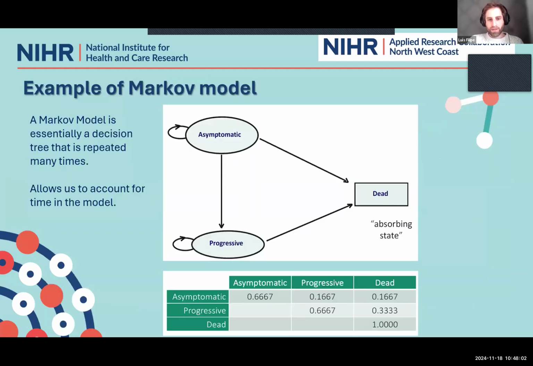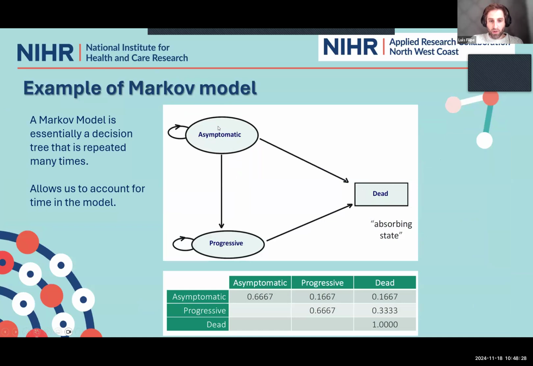So I'm going to give you this very simple case where people can have 3 states, basically. They can be asymptomatic, and they can stay there, or they can go to progressive, or they can die. So you will see that there's some errors here. If you start as asymptomatic, you have the possibility of staying asymptomatic.